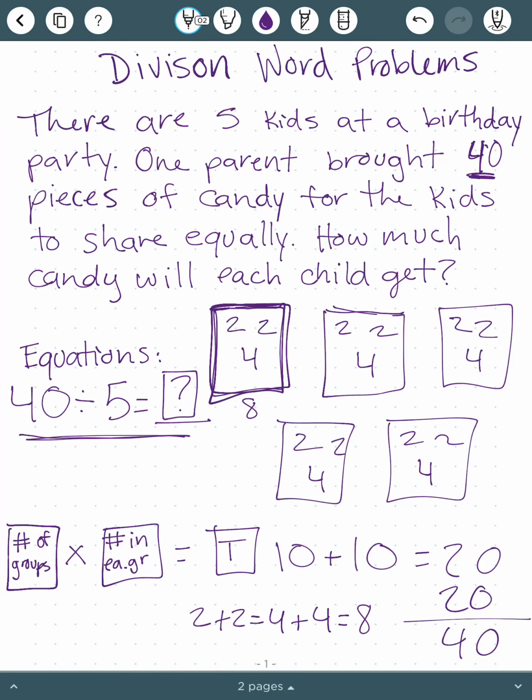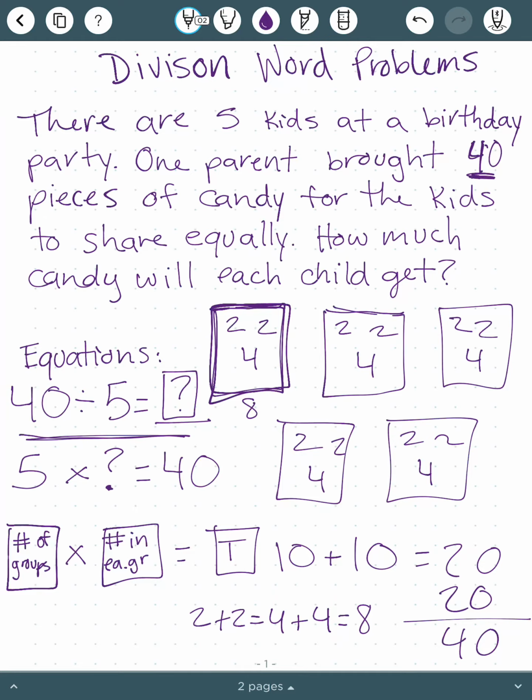So in this case, our number of groups is 5 children multiplied by the number in each group, or the number of pieces of candy that each child gets, which is 8, and that equals our total of 40. So again, to match the word problem, we would want to leave this blank because that is what we don't know. That's what we were trying to figure out. So those are the 2 equations that I would use to represent the word problem.